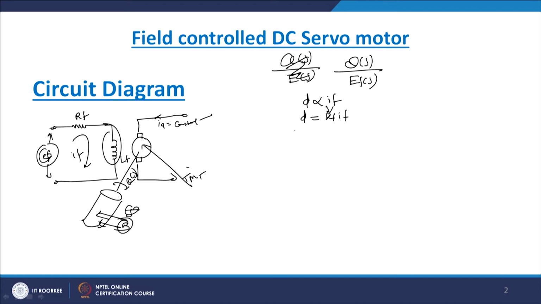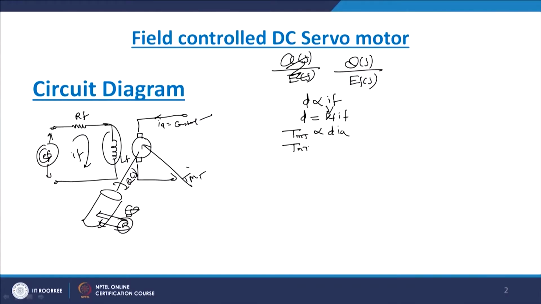Then the torque developed is proportional to the flux into the armature current, as we saw last time. Again we can replace this by a constant K1 times flux phi into armature current. Now in this expression we replace phi with Kf into If.